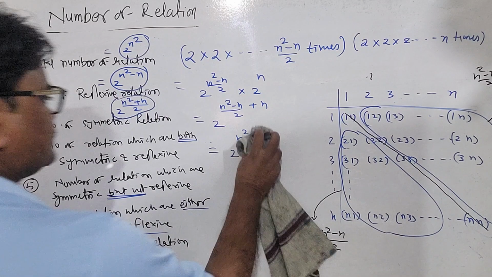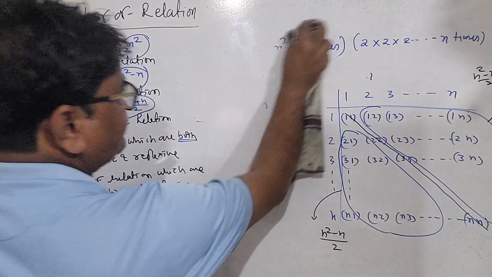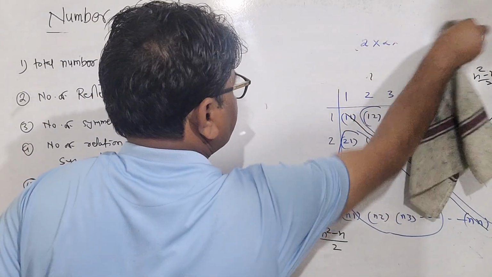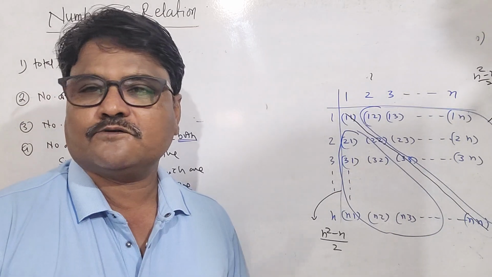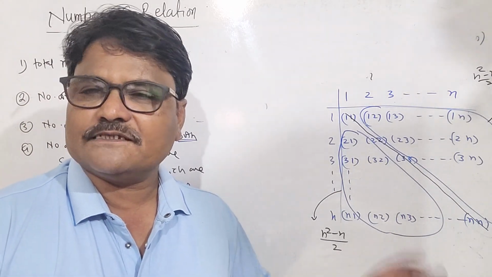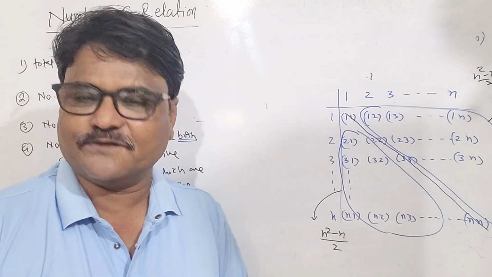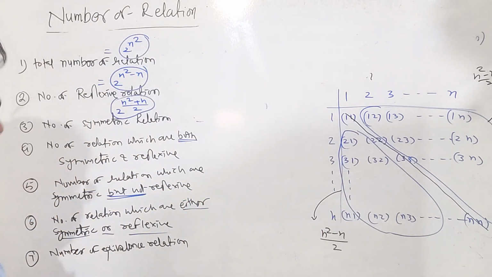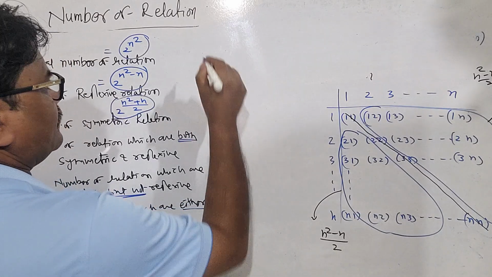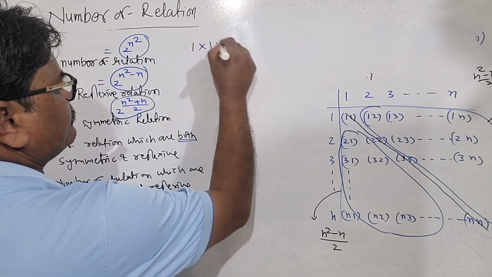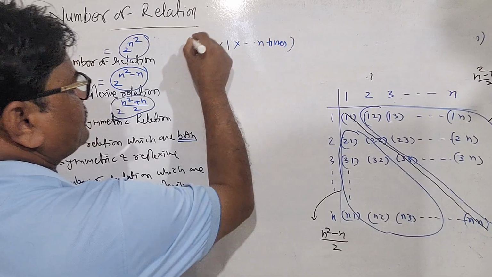Now coming to the relations which are both symmetric and reflexive. The relation is already reflexive. That means the diagonal elements (1,1), (2,2), (3,3), all of these have only one choice, because the relation is reflexive, so they have to be present. So we have 1 into 1 into 1, n times, for reflexive.